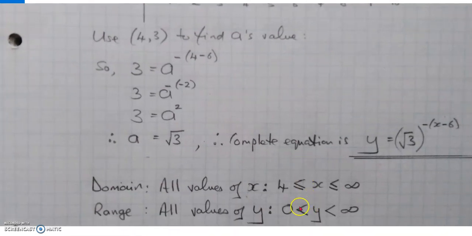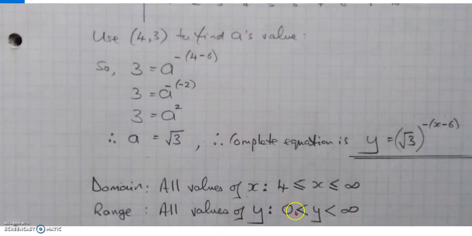So there I have written it like this: all values of y such that 0 is less than y, which is less than infinity. Again, I've been a bit silly here by writing that. But this is the important part there. You can't write 0 is less than or equal to y, because then you would be allowing y to take the value 0.